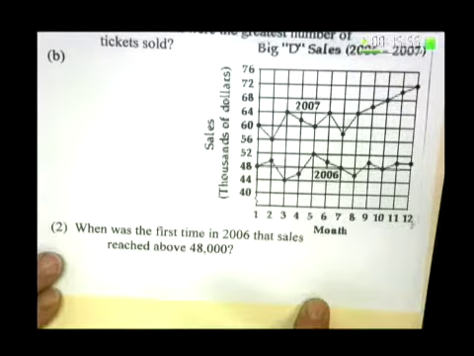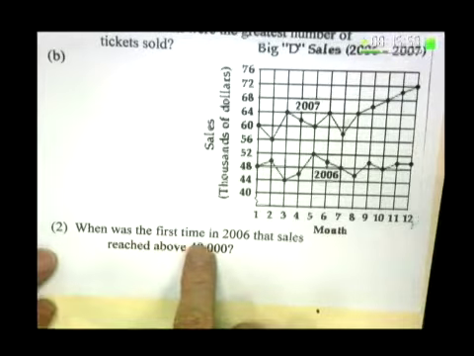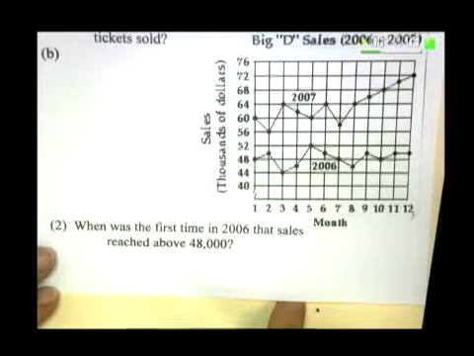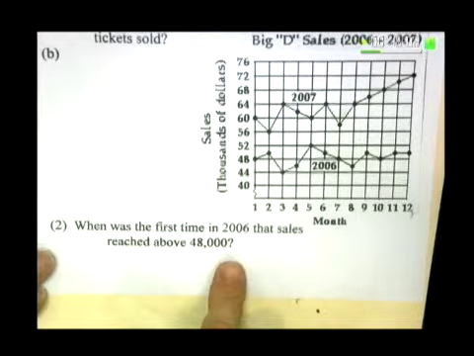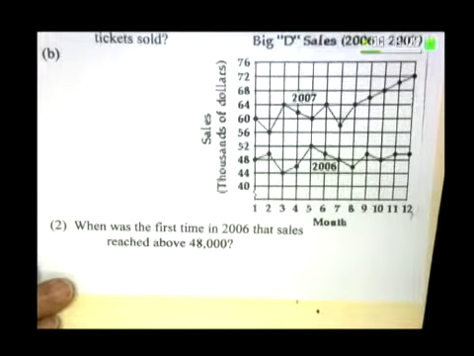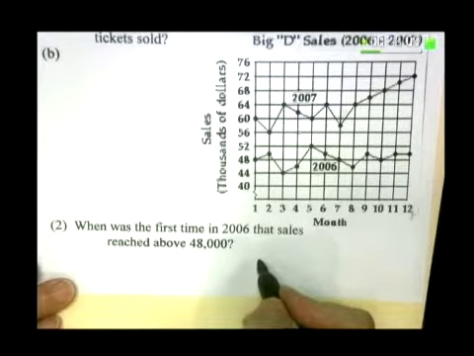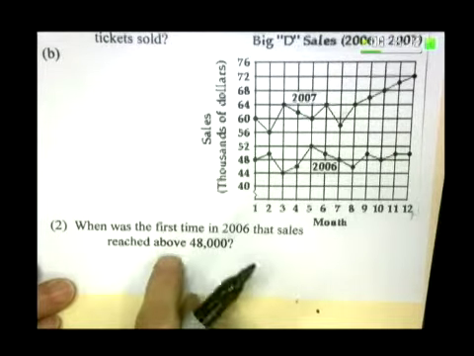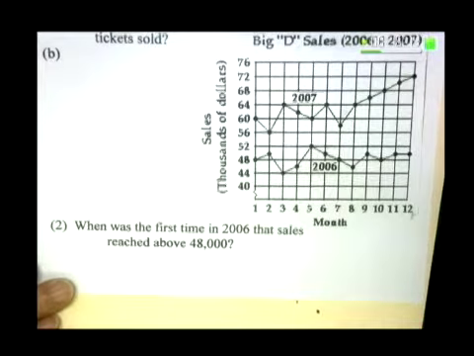But you have to answer the question: when was the first time in 2006 that sales reached above $48,000? They don't need the $1,000 symbol because it's listed here, but it should have 48,000.